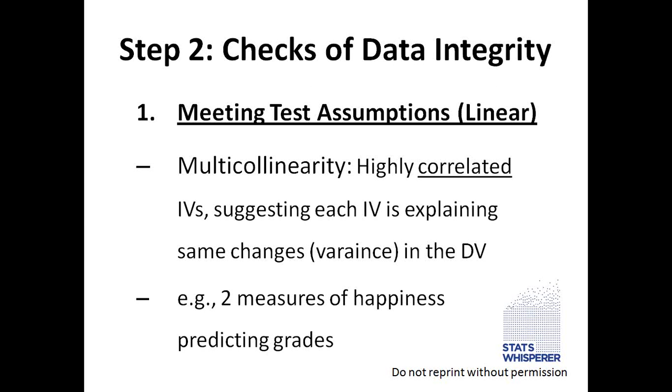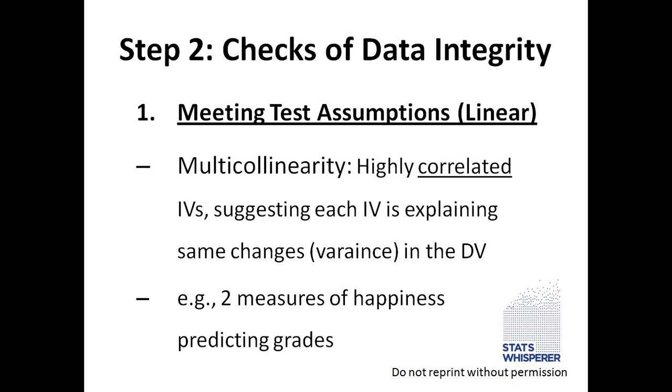Right? And then we have our other issues, which are multicollinearity. This is very easily tested for, right? Multicollinearity refers to when the independent variables are highly correlated with one another, right? Which kind of indicates that they're explaining the same changes or the same variance in the dependent variable.